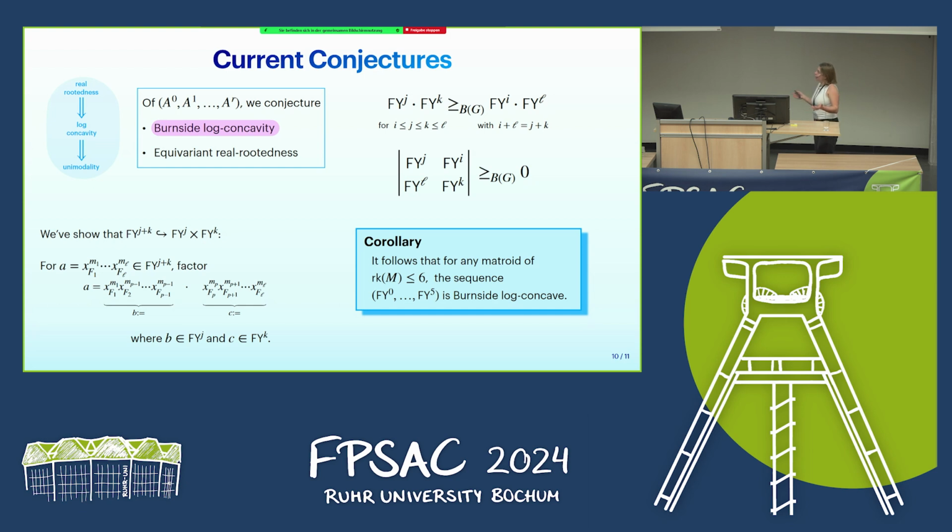But what this tells us is that for any matroid of rank 6 or less, the sequence is Burnside log concave. And at 7, it's not like this breaks. It's just that I can no longer describe all of my Feichtner-Yuzvinsky monomials in this way, where I can just factor them.